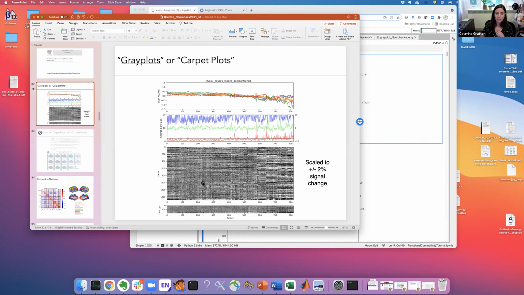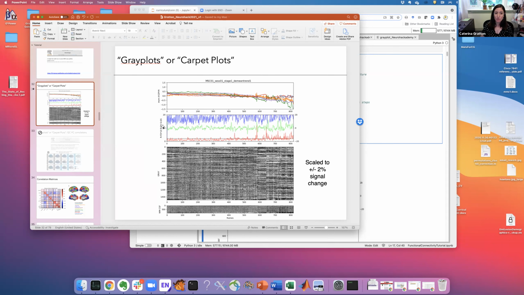Typically, when I've done these plots, and in Jonathan's original representation, I also fix the scale, which I think can be quite important for thinking about the quality of the data, to only represent plus or minus 2% signal change, because if things are changing much more than that, that may not be a good sign for your data. You may want to be aware of it. Of course, you could make that more flexible within your data set, depending on what you want to do. So we usually mode 1000 normalize and then plot data with plus or minus 2% signal change.